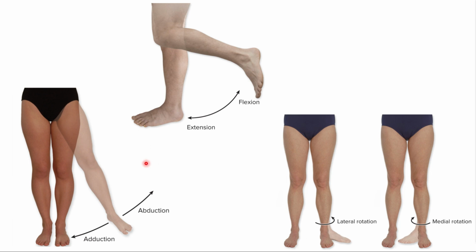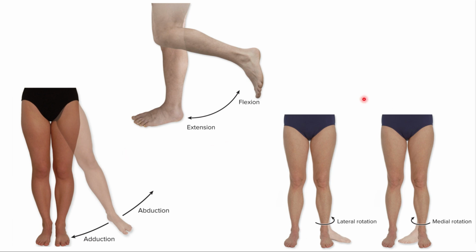A second motion that we're going to see in the lower limb is the abduction and adduction, which you can see illustrated here on the right. Abduction occurs when the body part is moving away from the midline, and adduction is moving towards the midline. So think about when you abduct something, you take it away. So the body part is being taken away from the midline of the body. While adduction, ADD, you're adding it back to the body.